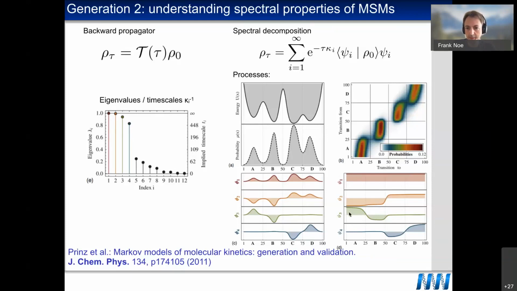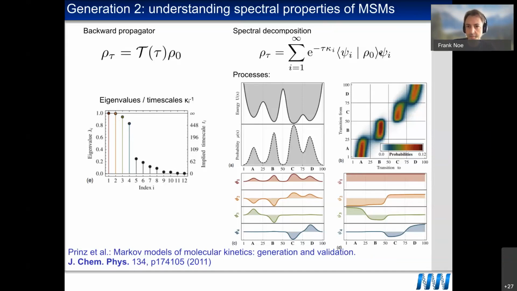Now the second makes a jump here in the middle. That means there is a second process, a relaxation process in time, which is slow. So this is not exactly 1, it's a little bit smaller than 1. That means it has a rate kappa that is small, close to 0, or it has a time scale, so inverse kappa, that is large.